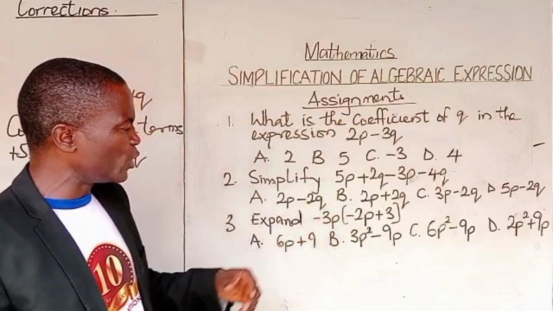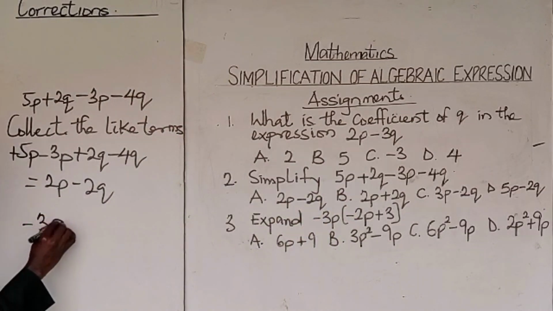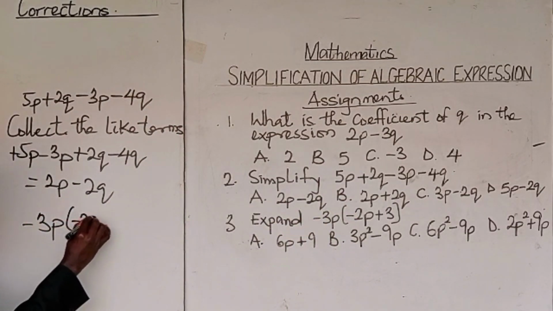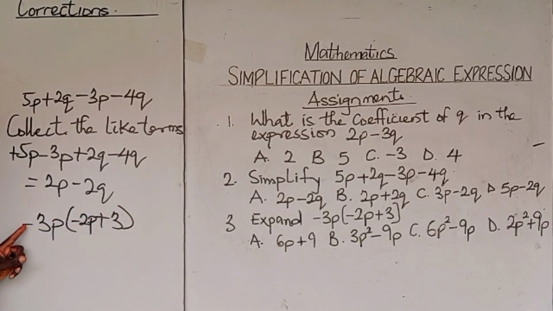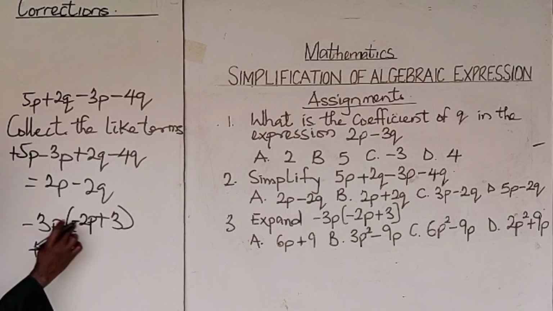Let us see how it's going to be. We have minus 3p into bracket minus 2p plus 3. So here is minus times minus. Definitely you know what it will become. It will give us plus. Minus times minus gives us plus. 3 times 2 gives us 6. P times p gives us p squared.